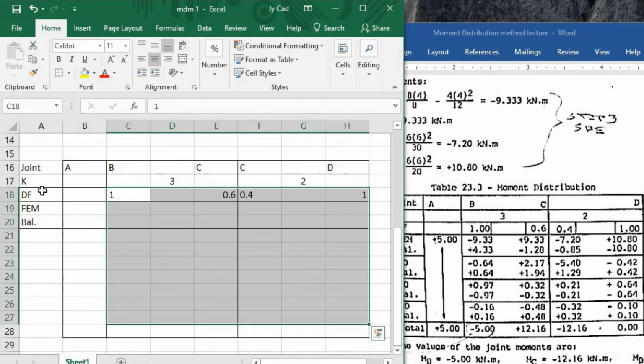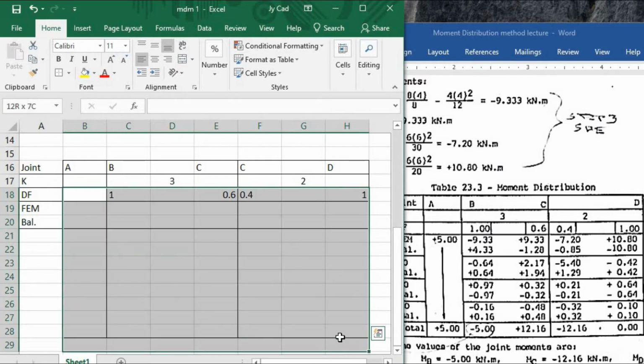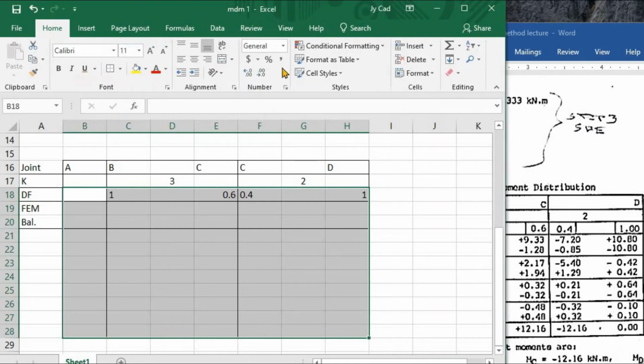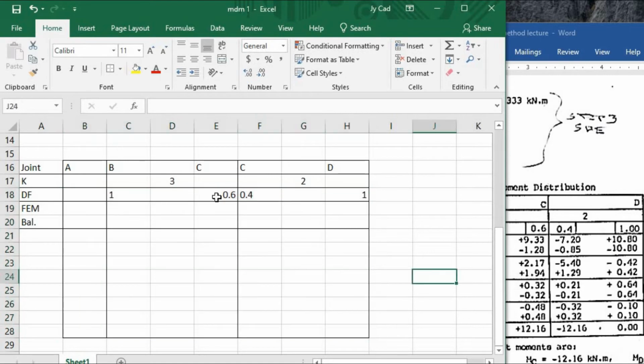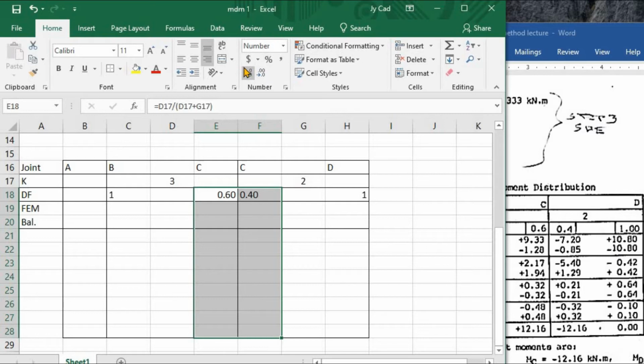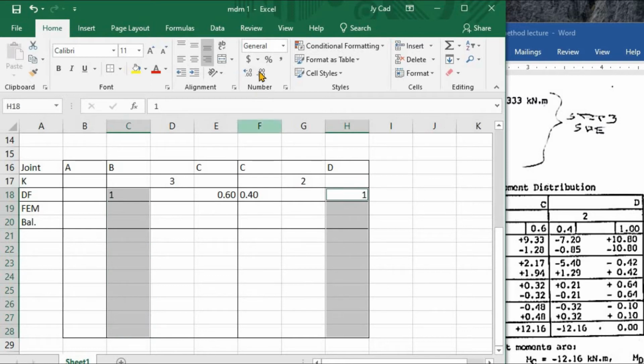Tapos, pwede kong i-highlight lahat yan and round it to 2 decimal places. Okay, ayaw niya. So, ito lang. Yan, okay? Ganon din dito, 2 decimal places. Oops, sorry. I'll just press undo.